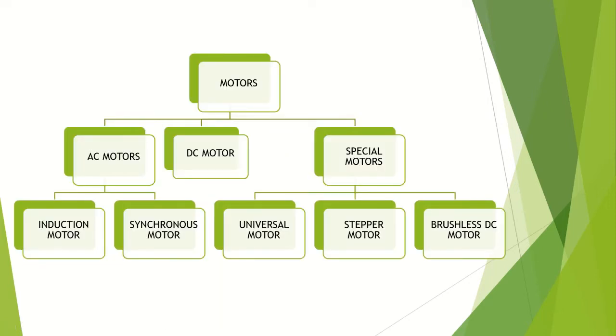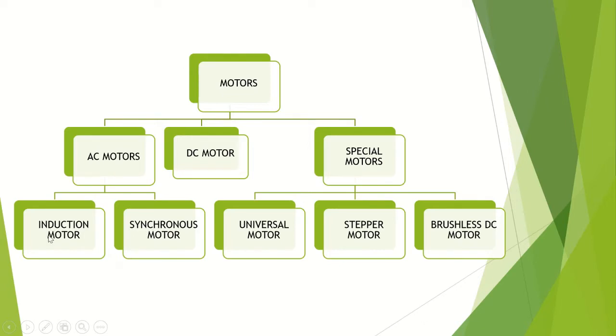So basically, motors are divided into three categories: AC motors, DC motors, and special motors. In AC motors, motors are divided into two types: induction motors and synchronous motors. If the rotor is able to rotate with the stator synchronous speed, then it is called a synchronous motor.